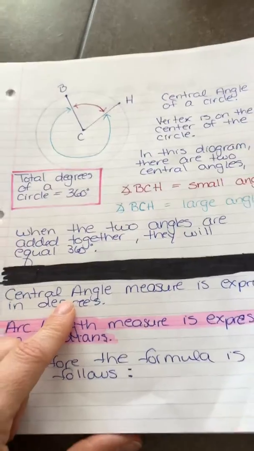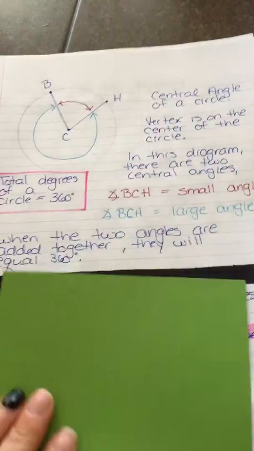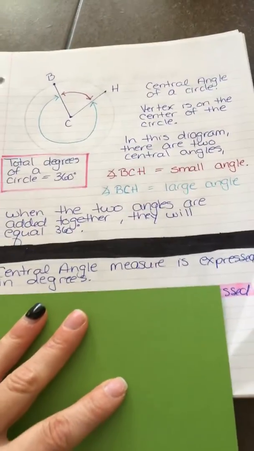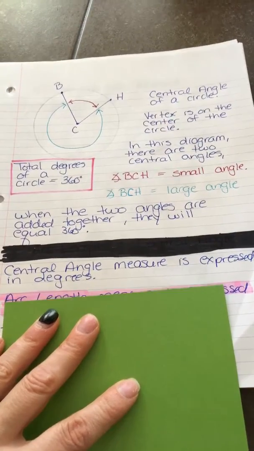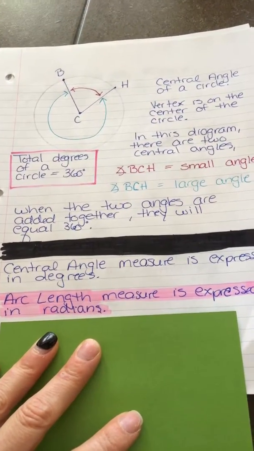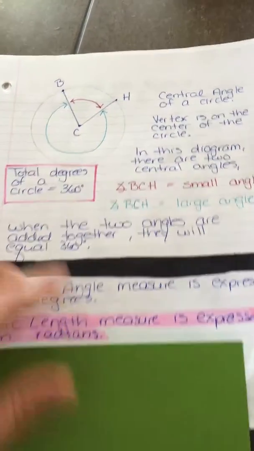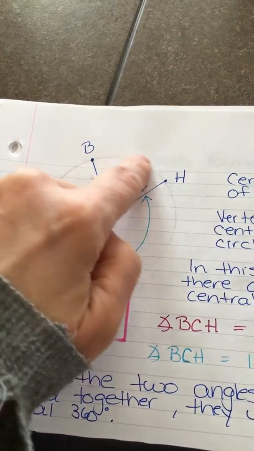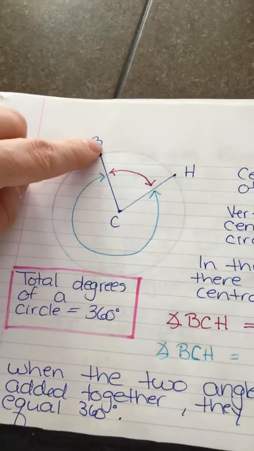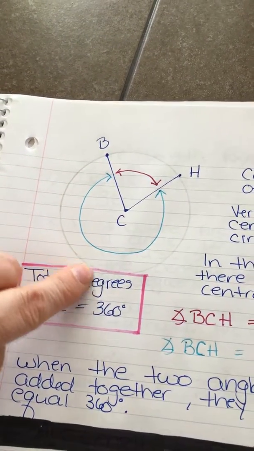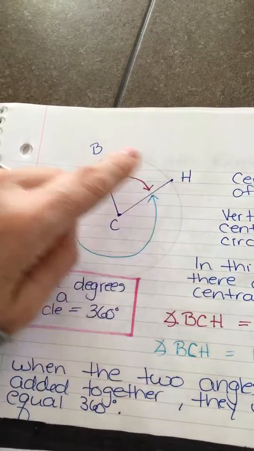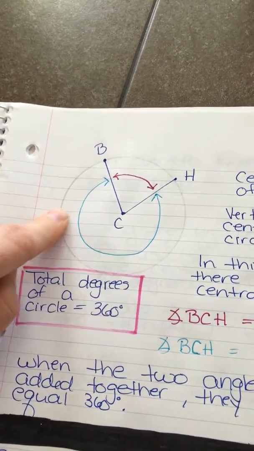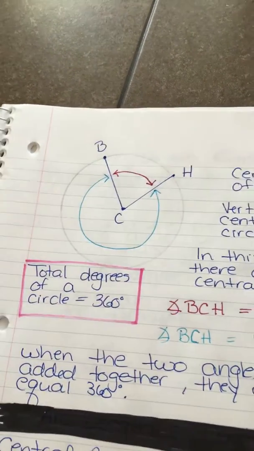Now, a central angle measure, let me make this easier for you, is expressed in degrees. An arc length measure is expressed in radians. And so the arc is right here. We have minor arc BH because it's little, and then we have major arc BH because it's big. Major, big, minor, small.